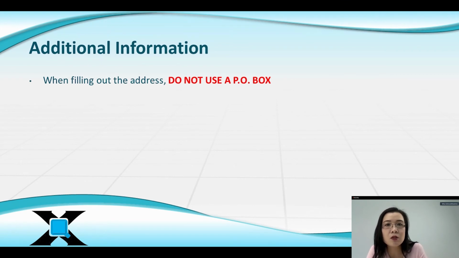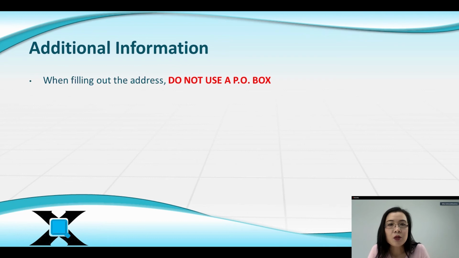I know a lot of business owners, like when they file for their tax return, their legal address is actually a PO box. So in this application, when you go through the pages, it does specifically tell you do not put in PO box, because they really need a legal address, like a physical address, and not a PO box. So that's something I just want to highlight. It was mentioned by Remy yesterday.